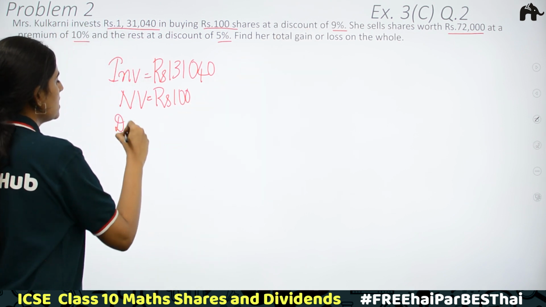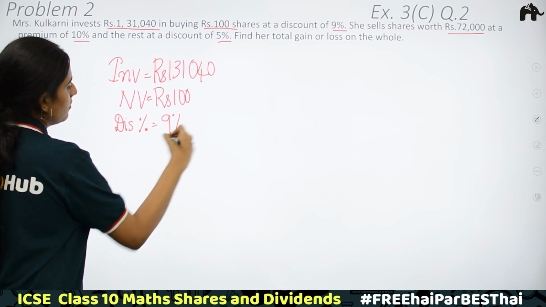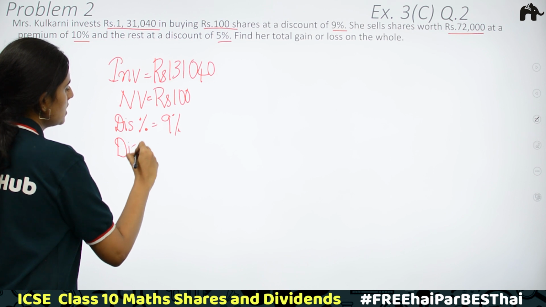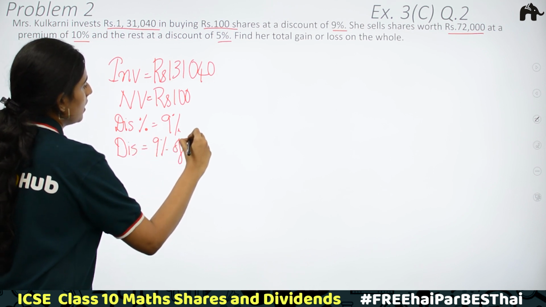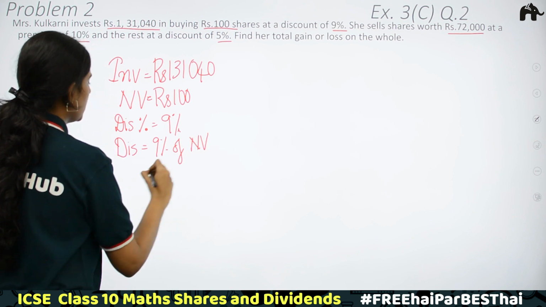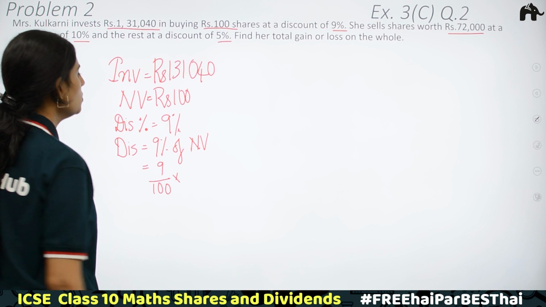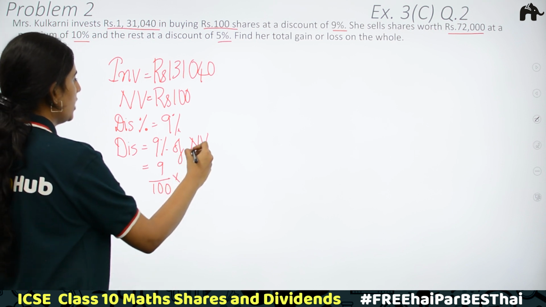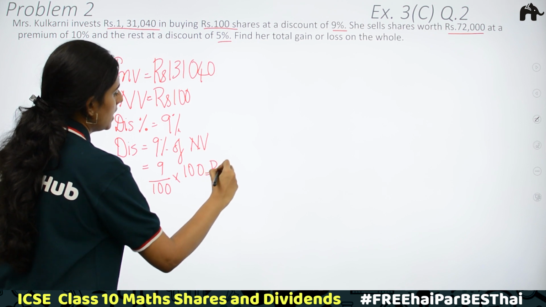Discount percentage is equal to 9%, which means discount is equal to 9% of nominal value. That is 9 by 100 into nominal value 100. You will be getting rupees 9.